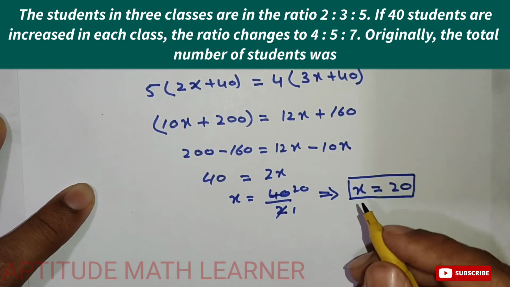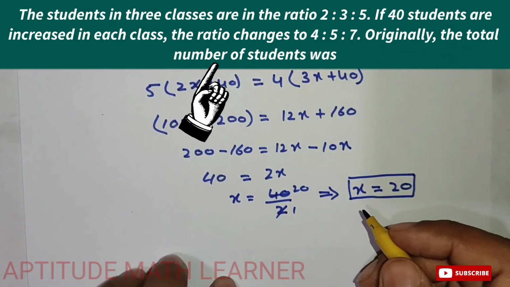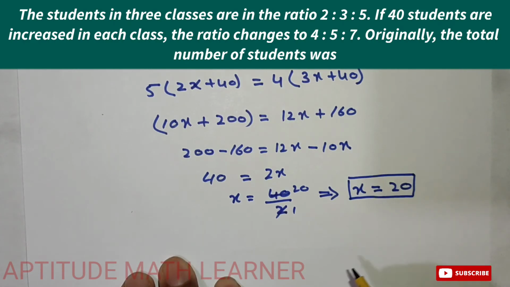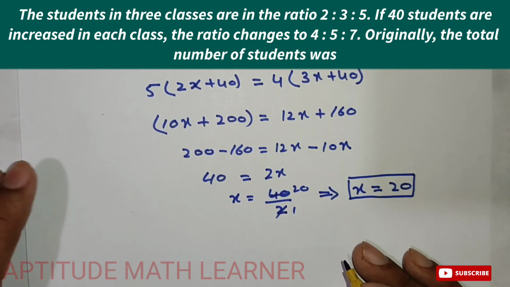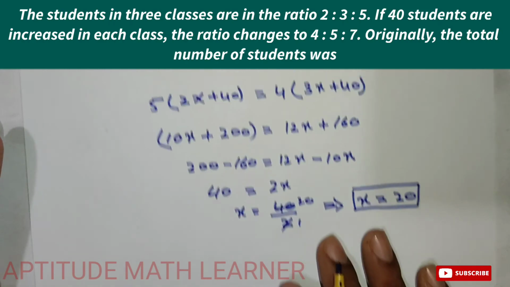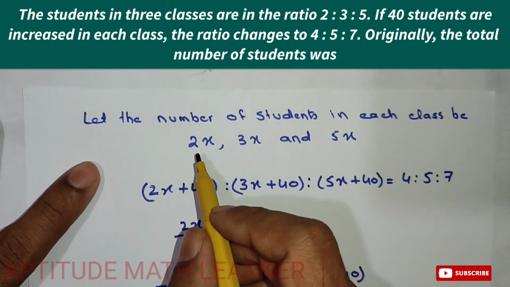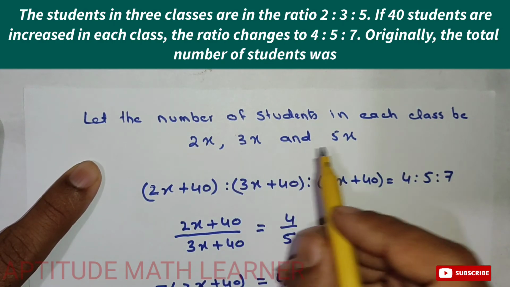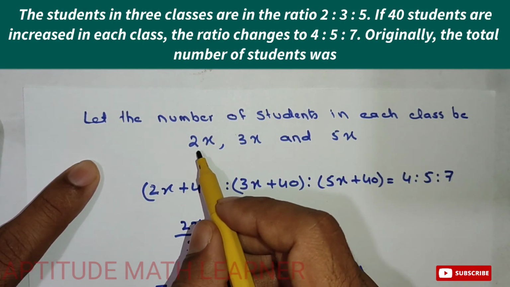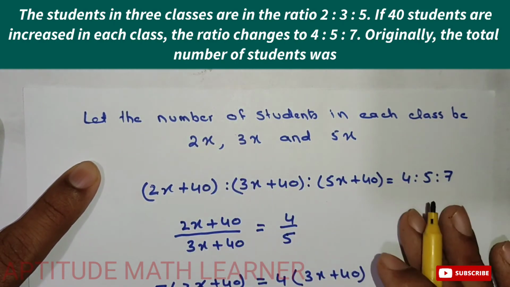And now we will be able to find the strength of the classes. We have to find the original strength before the increase of 40 students. We took the number of students in each class as 2x, 3x and 5x.